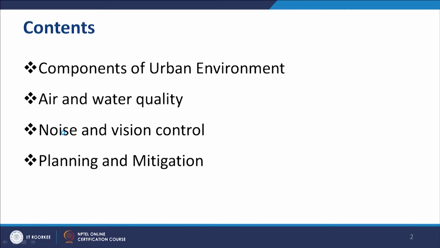Our content for this lecture will be the components of the urban environment, the distinct components, and out of that we will discuss air and water quality and its management, and also a few discussions on the land and land cover component, and then noise and vision control in a city, and lastly the planning and mitigation stages, how we can plan for all these environmental controls and mitigate them.